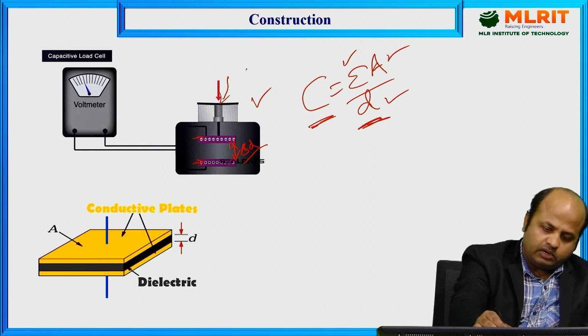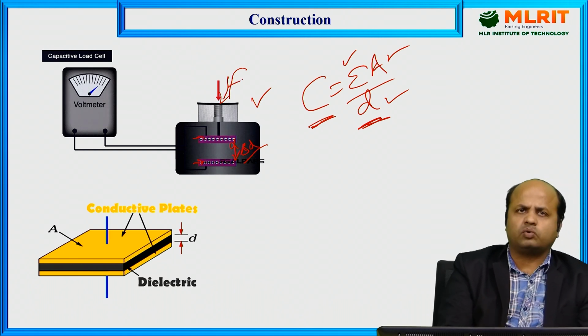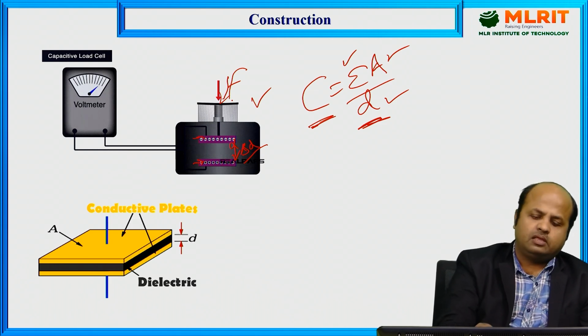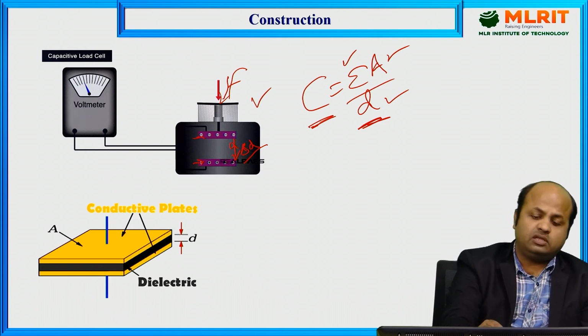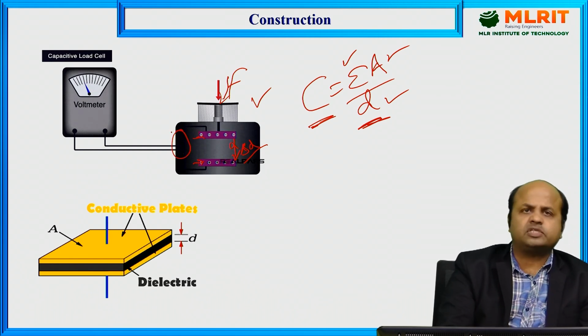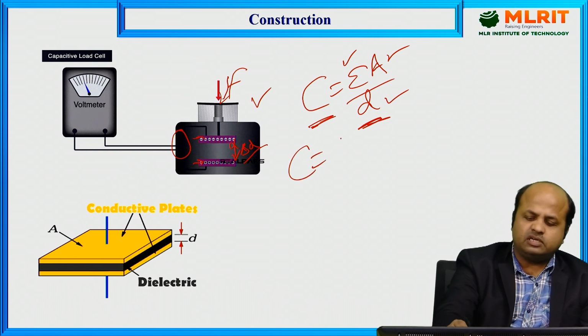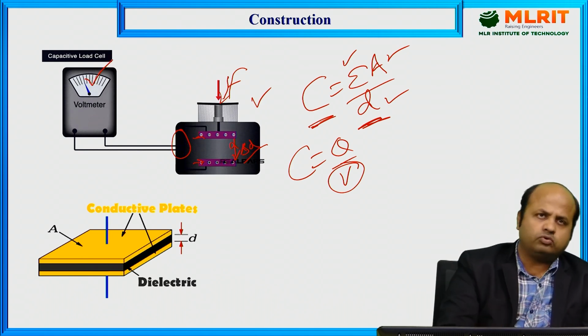Suppose force is being applied. Force is nothing but a physical quantity, and whenever the force is applied, there is a change in the distance between the two plates. Obviously if the distance changes, the capacitance value also changes, and when capacitance changes, the voltage across the capacitor also changes, which is shown by the voltmeter.